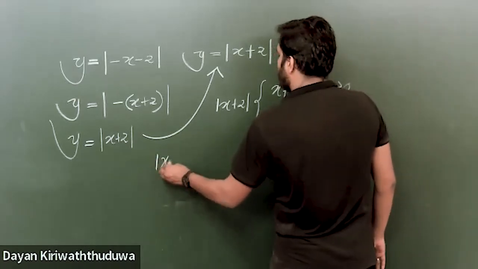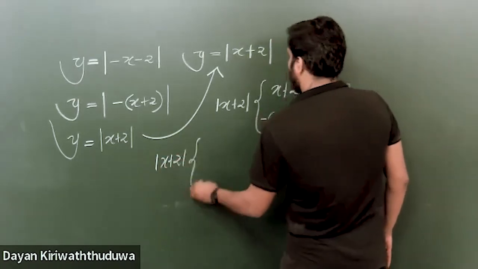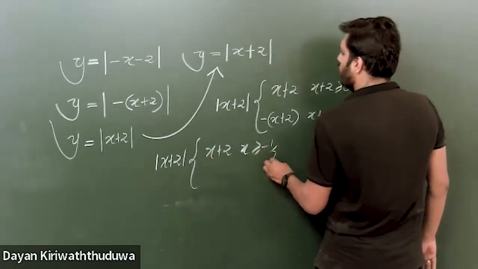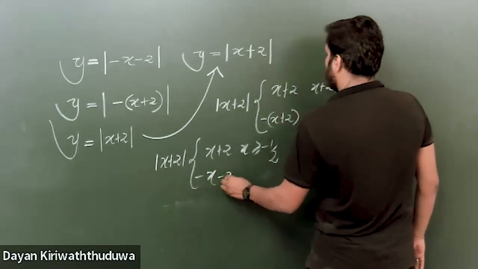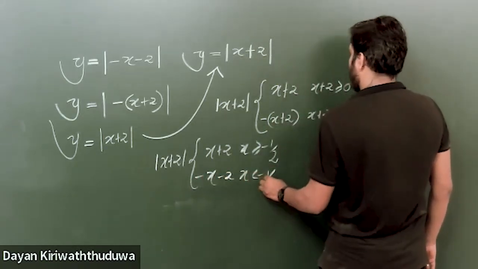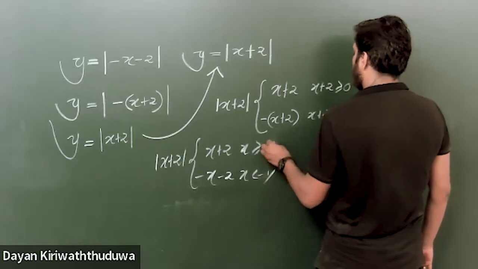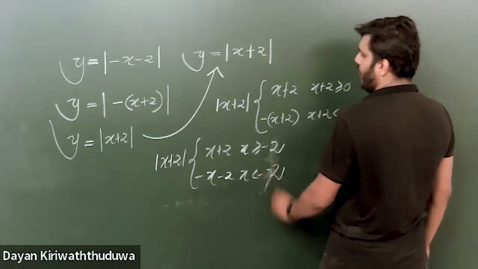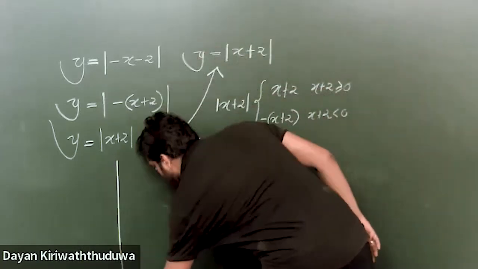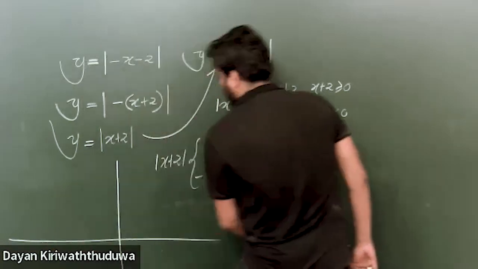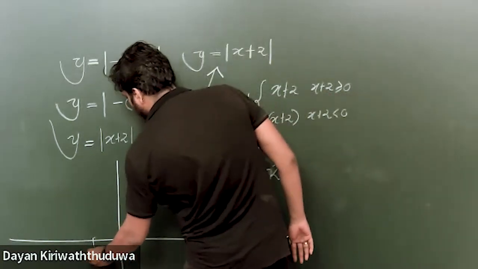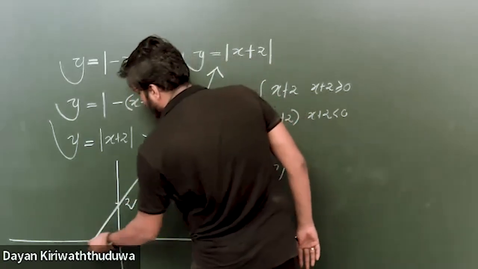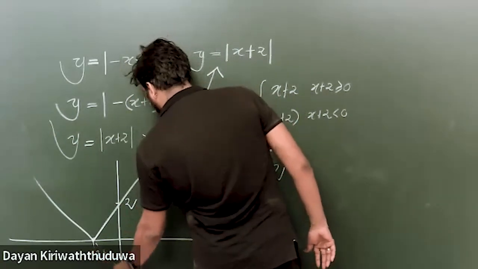So modulus of x plus 2 is actually x plus 2 when x is greater than or equal to minus 2, and minus x minus 2 when x is less than minus 2, right? So a sketch should look like this. That's minus 2. This is plus 2.